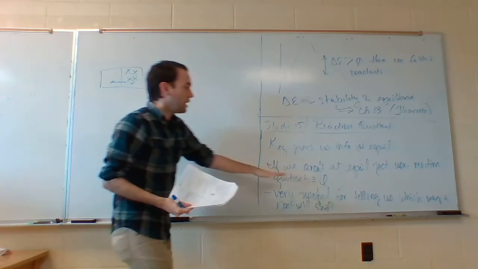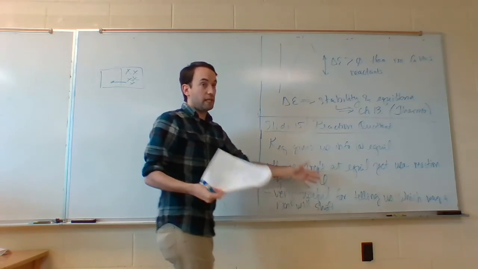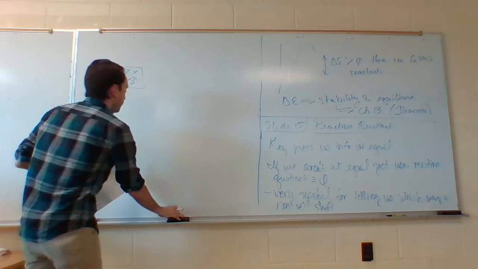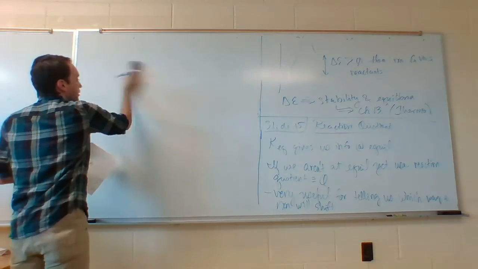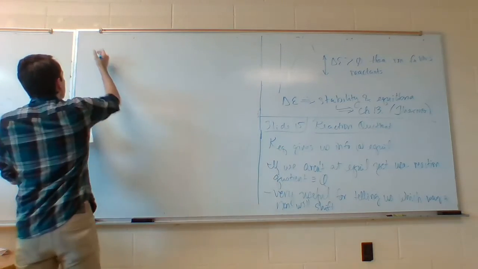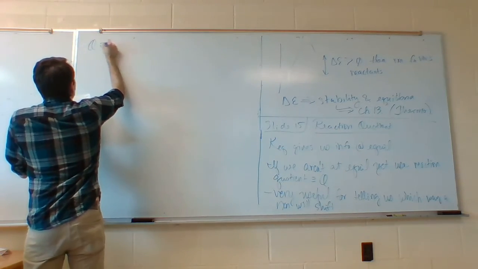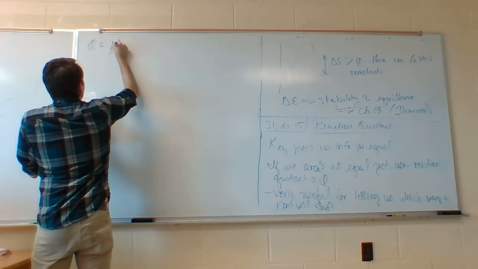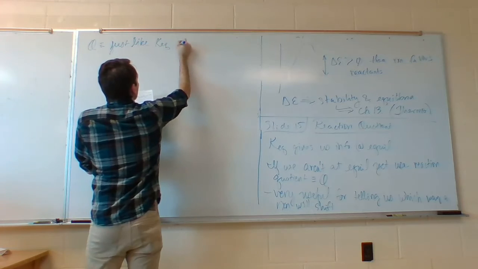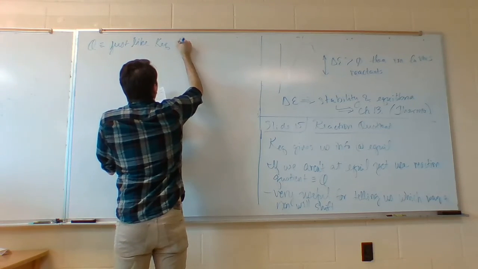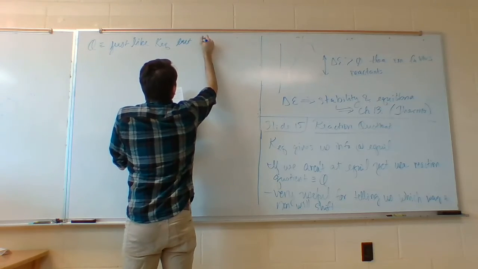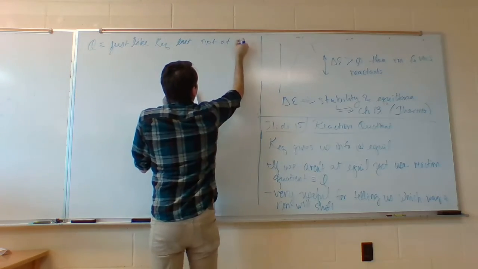So if we have different initial conditions, everything's going to go to equilibrium if we have a competing reaction. So our reaction quotient is just like K, but not at equilibrium.